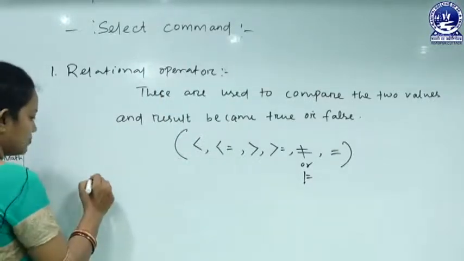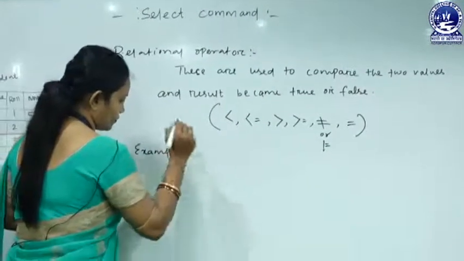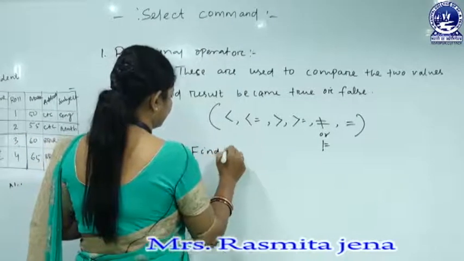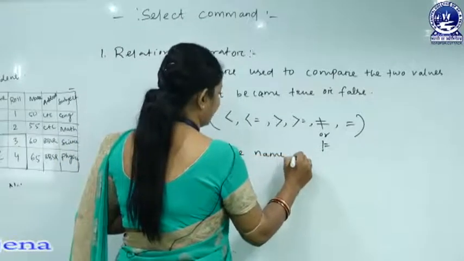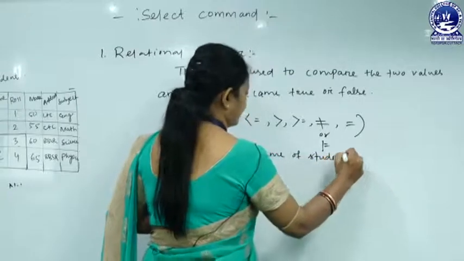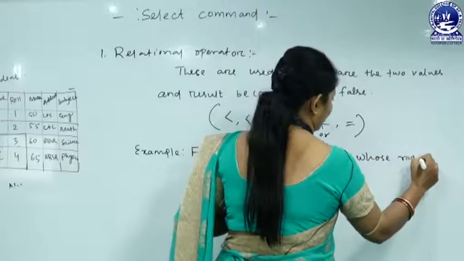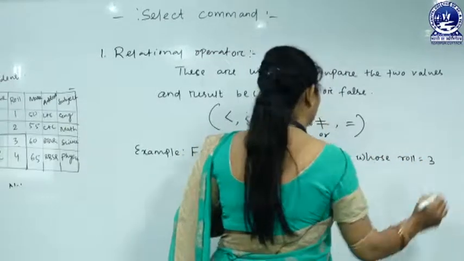Let us see one example. Suppose the given example is find the name of the student whose roll is 3.